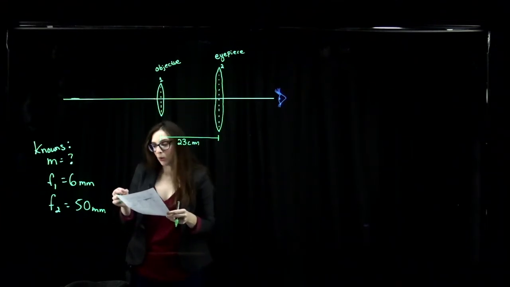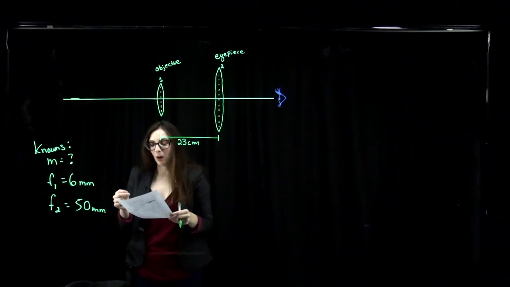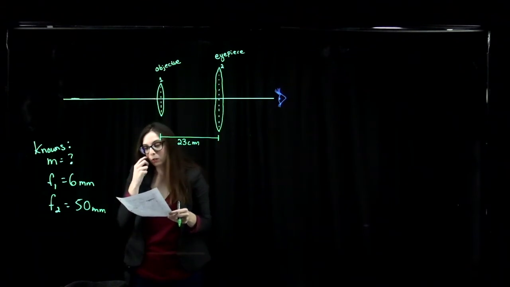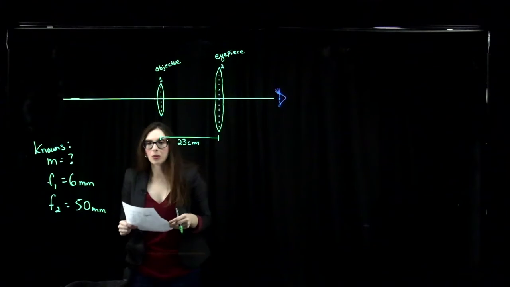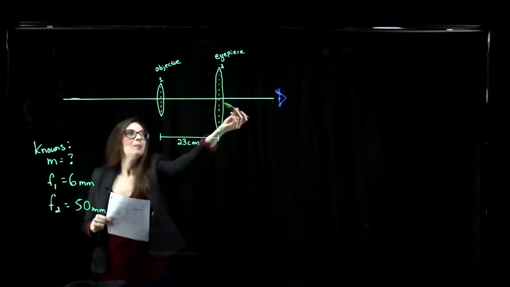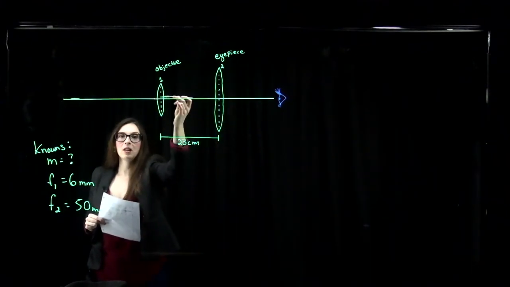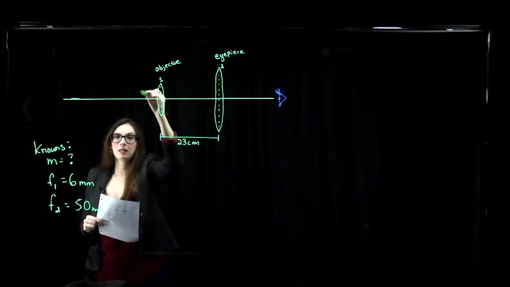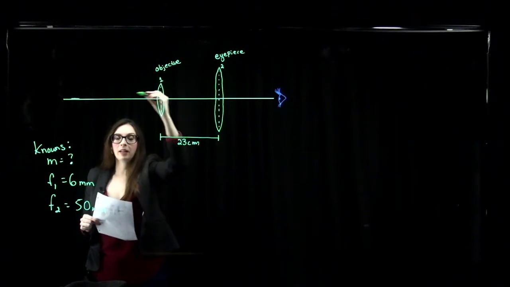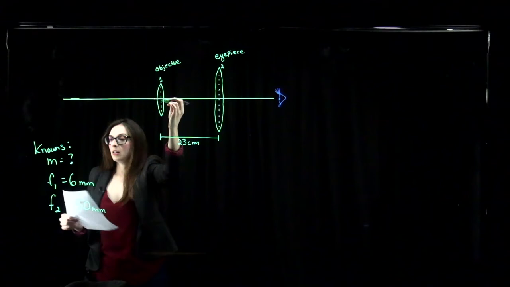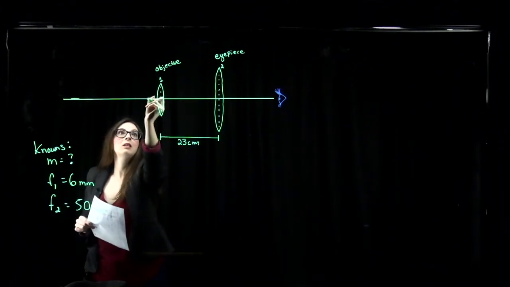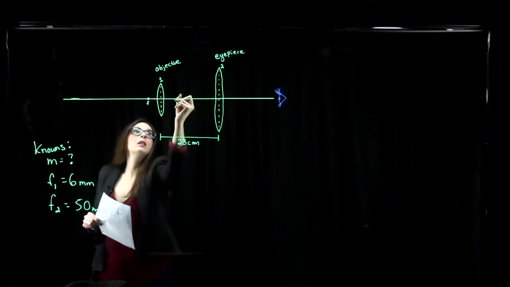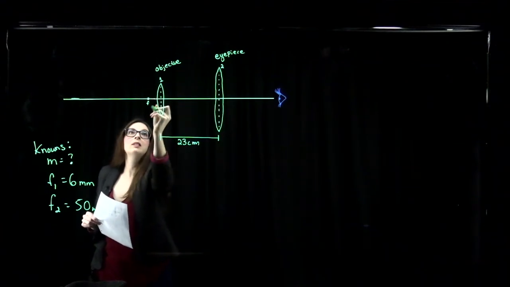We're told that we are magnifying an object that's placed 6.2 millimeters from our compound microscope. With microscopes, we're looking through the eyepiece, we've got this other lens, and our specimen is going to be right here on the other side of the objective. My objective has a focal length of 6 millimeters, so I'm going to put that right here.